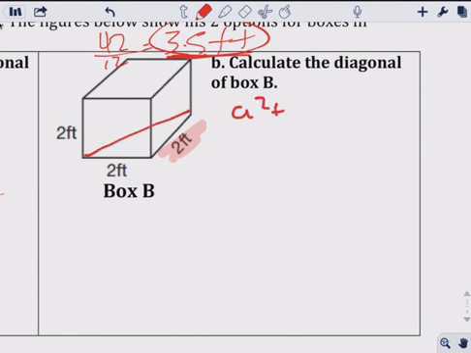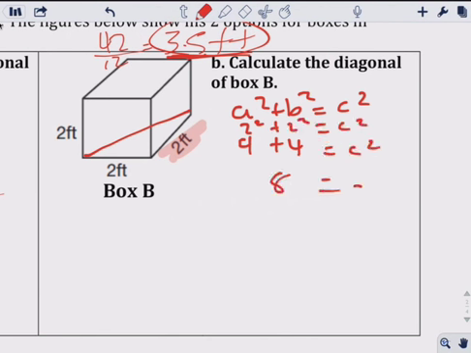A squared plus B squared equals C squared. That's 2 squared plus 2 squared equals C squared. And that's 8 equals C squared. Now this is very close to 9, so it's probably the square root of 9, because it's one number away.